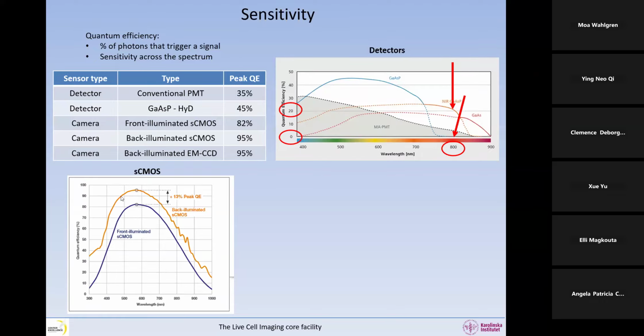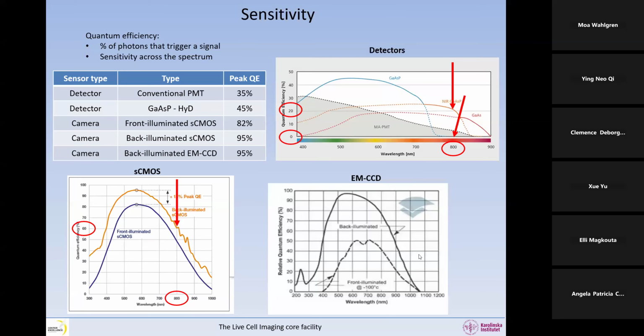So basically, in the middle of the visible range, we can have a quantum efficiency of 95%, but as we go further away, for example, at 800, with this back illuminated sCMOS, again, these are the best cameras, we get about 60%. So this is the reason why when we go into very long wavelengths, we need the sample to be quite bright, because the camera does not collect so many photons.